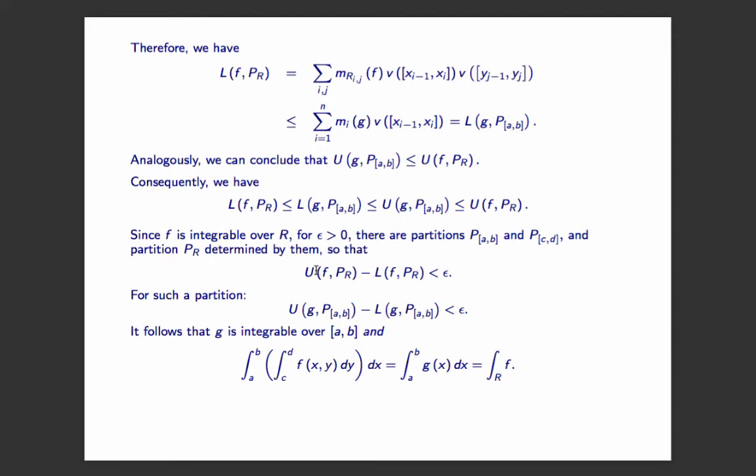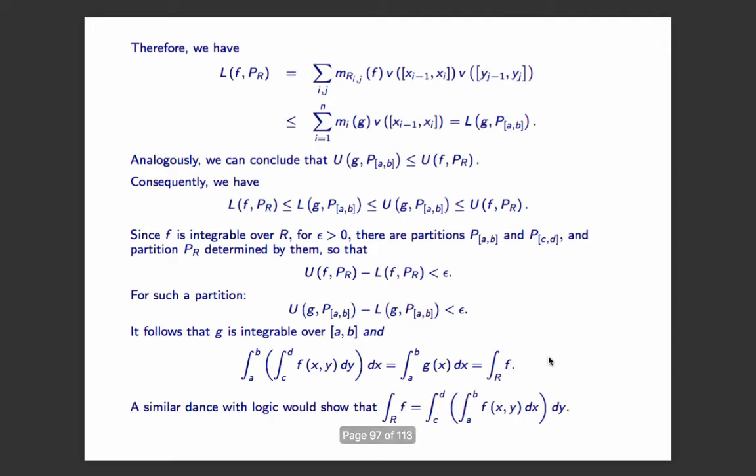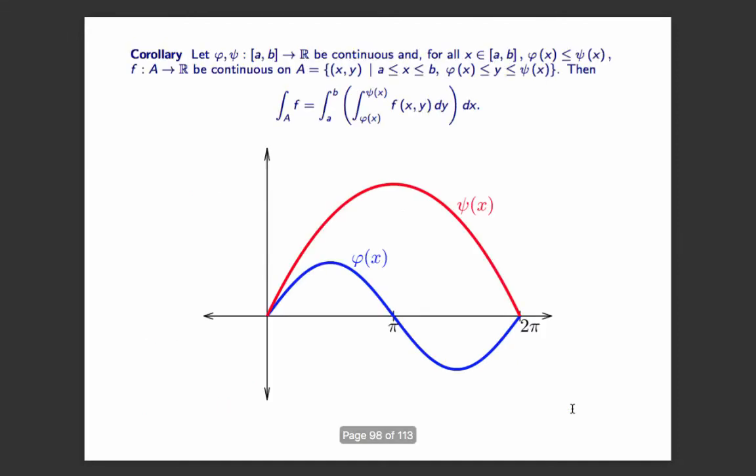So they must be equal, or rather, if the infimum of this equals the supremum of this, the same goes for g, and so we get this result. And of course a similar dance with logic would show that if we were to swap all our x's with y's, we'd get the second result of the second bullet point.